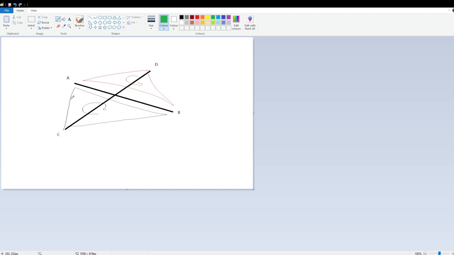It would be ACD, that's counterclockwise, and then it's BCD, and it's also counterclockwise. No, that's clockwise. So that will also already immediately return true.